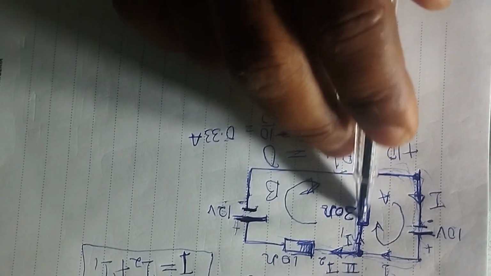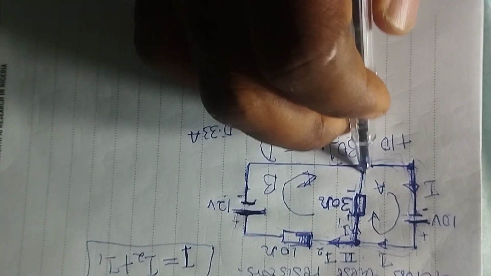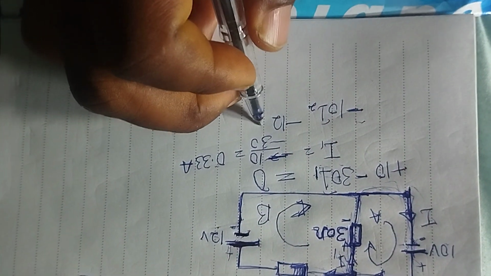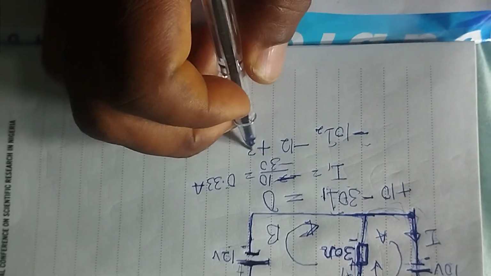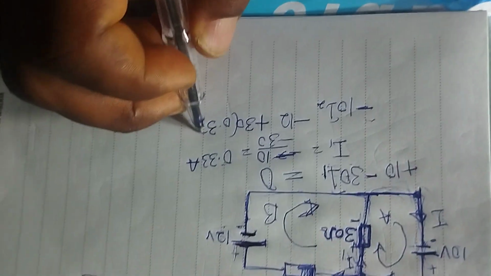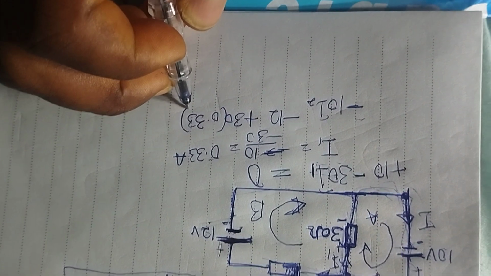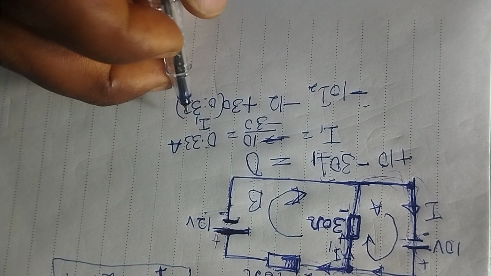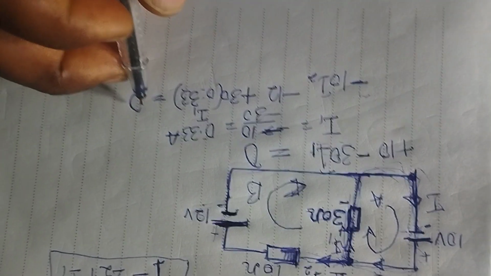Now, as I move in this way to this particular place, there is a voltage rise, because here is a positive terminal. As I move with this I1 to negative, and then move back here, I'm moving from negative to positive, so there is a voltage rise. So it's going to be plus 30 times 0.33, because this 0.33 is my I1, and everything is equal to 0.